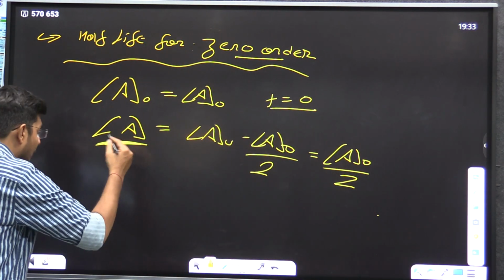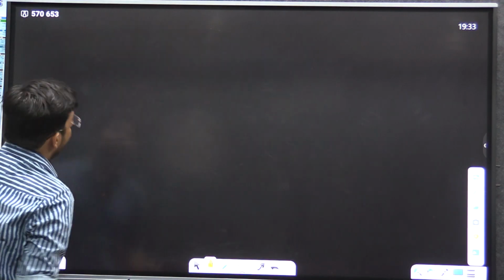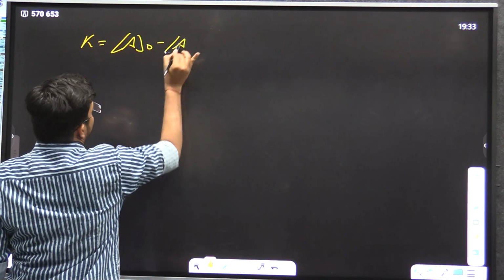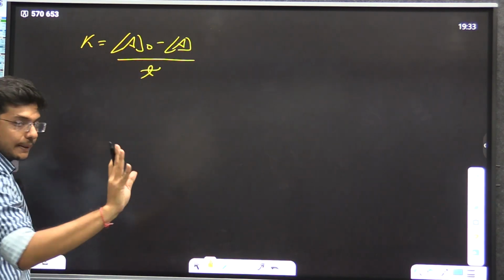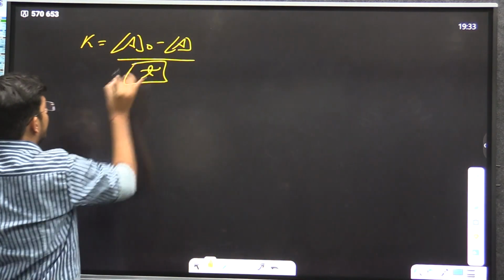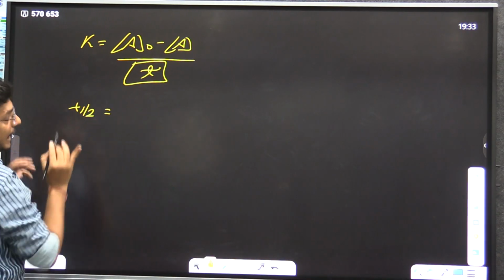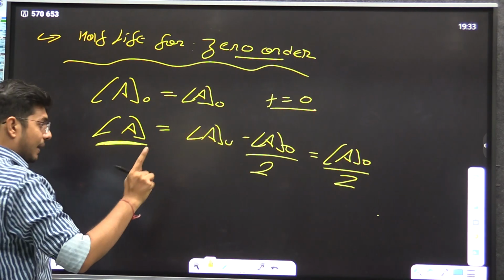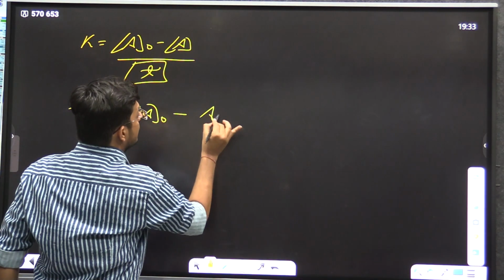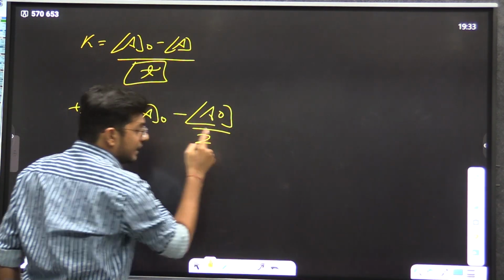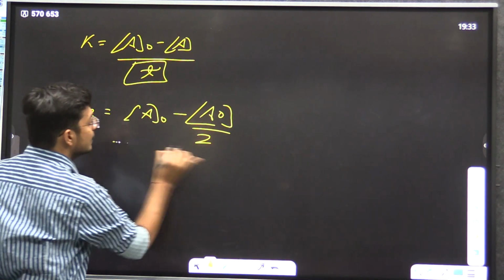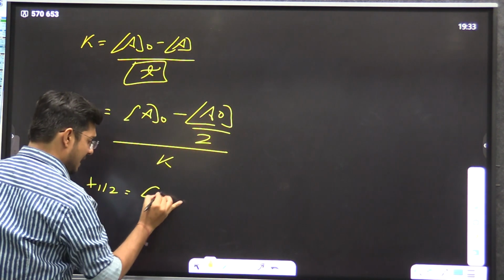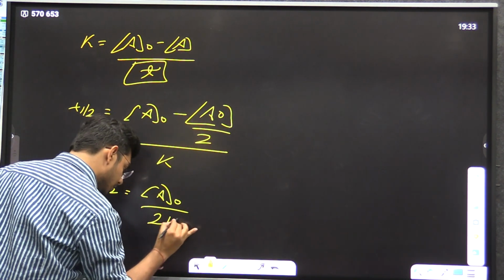Now we can put this value in the formula of the rate constant, that is K equals (A naught minus A) by t. If we change t to t half, this will be t half equals (A naught minus A) upon K. What is A over here? A is the amount left, that is half of the initial as per the definition of half-life. So t half is A naught by 2K.